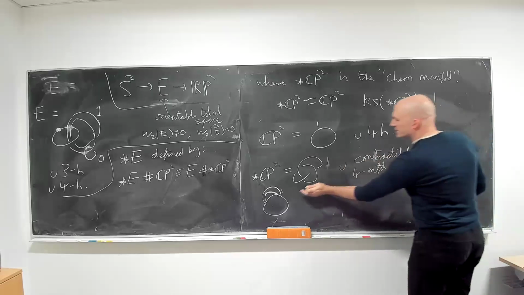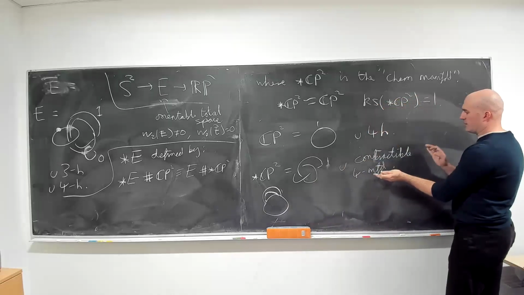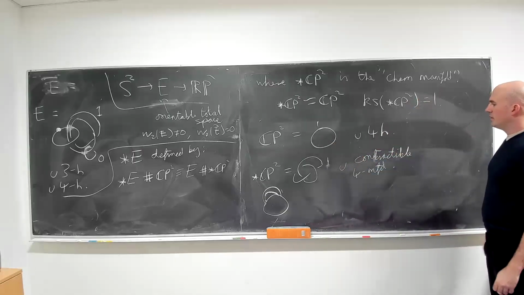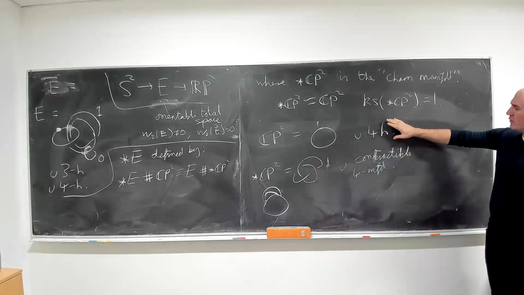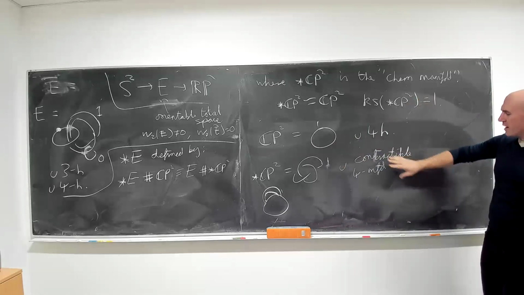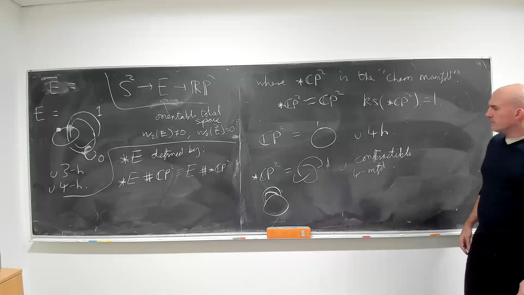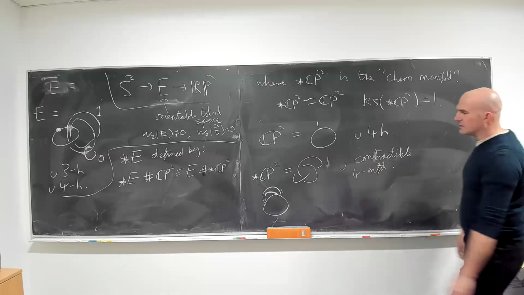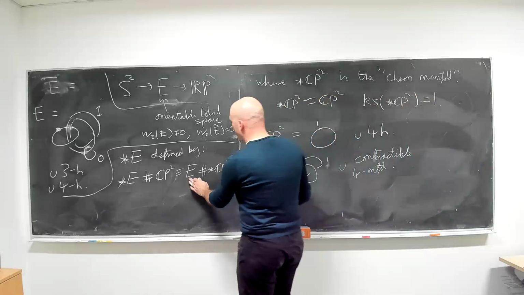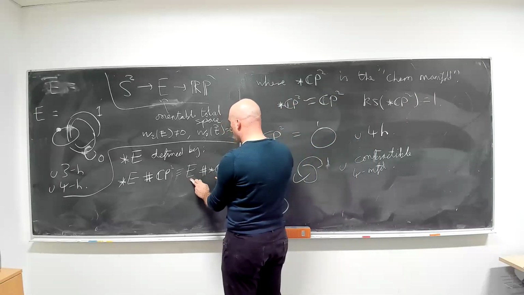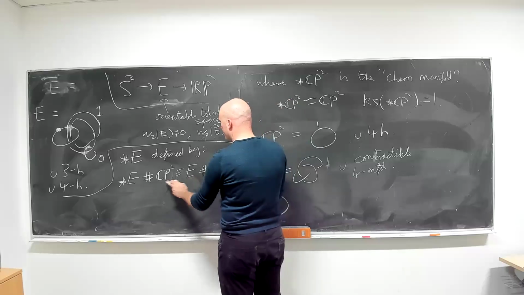This part is smooth, and this other part is going to be very non-smooth. So you can't cap it off with a 4-ball, but you can cap it off with some contractible thing instead to get a closed manifold. Once you know about the existence of star CP2, you take your E, add it on, and get this other manifold.